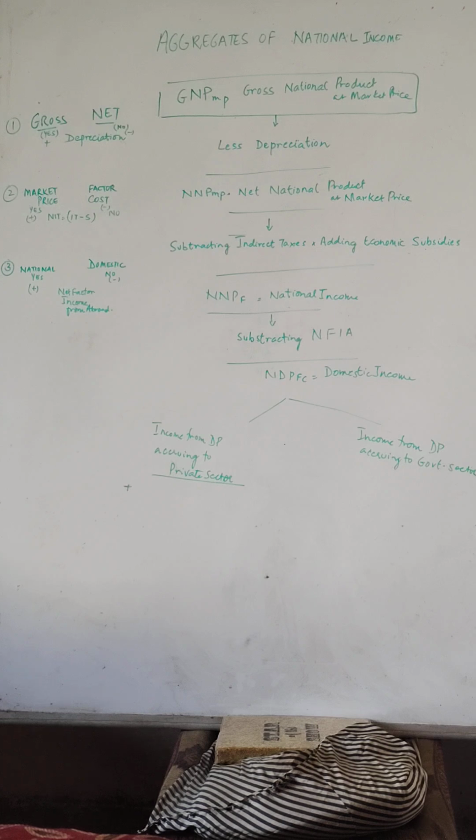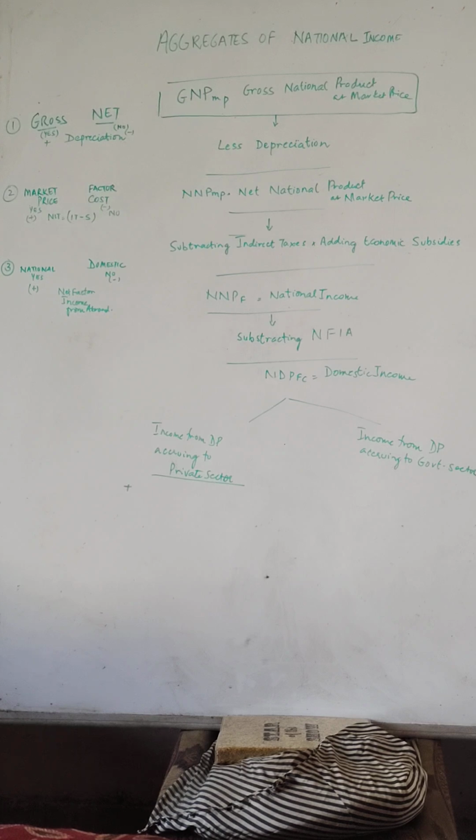For example, if the national income of a country is more, that points to how much well-being there is in the economy. We'll come to that later on, that it's not necessarily the case that a nation which has high national income is happy, and all of that. But apart from that, the national income aggregate is a clear indication to know where the country stands.